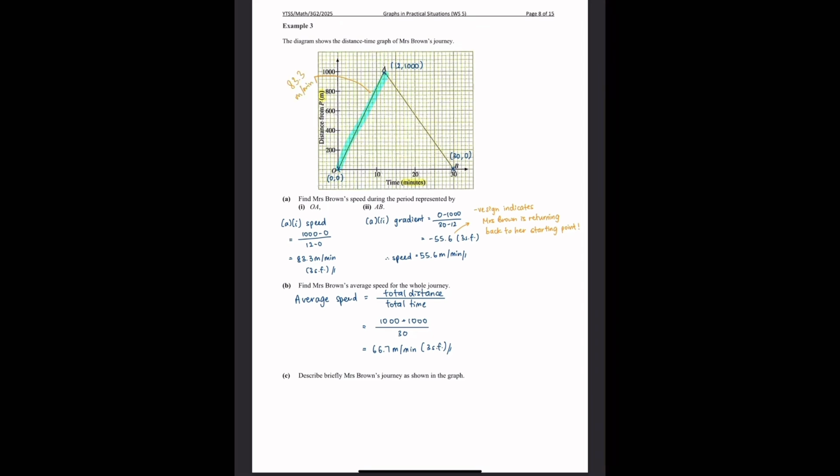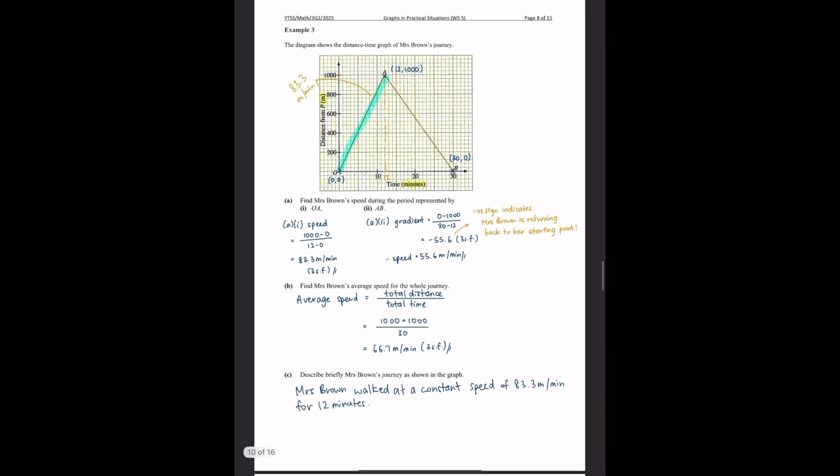You notice that Mrs. Brown walked at a constant speed. Over here, the speed is constant because the gradient is the same throughout for 12 minutes. So we can write Mrs. Brown walked at a constant speed of 83.3 meters per minute for 12 minutes. That's the blue highlighted part here.